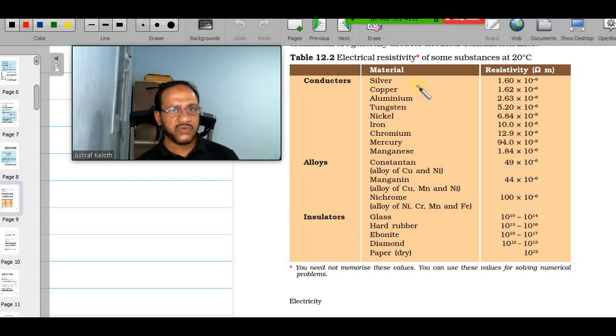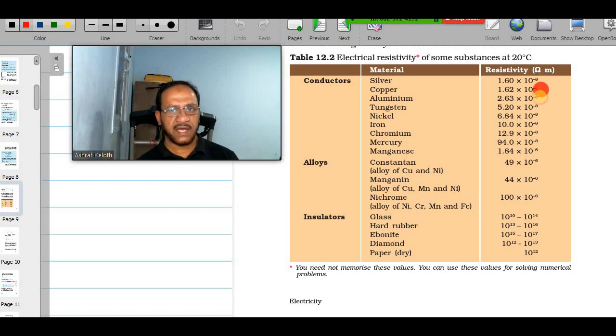In the case of conductors, in all these values you can see 10 to the power -8. If the resistivity is in the order of 10 raised to -8, some number like 1.6, 1.62, 2.63 into 10 raised to -8, they are good conductors usually.